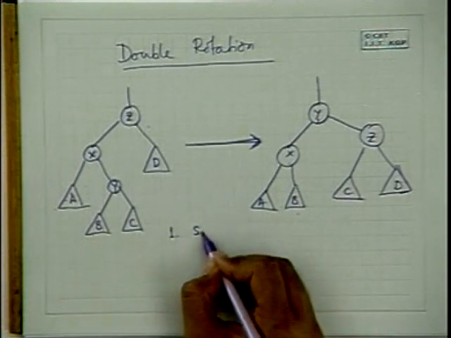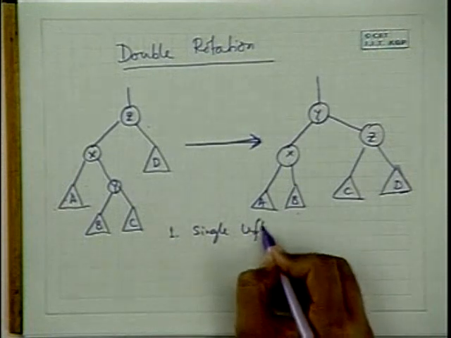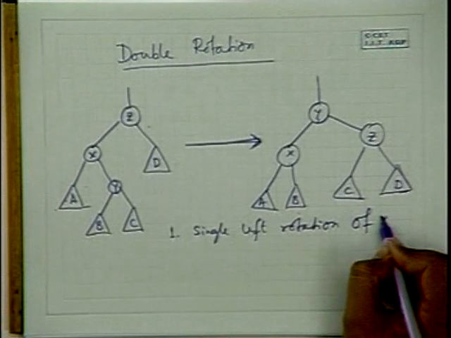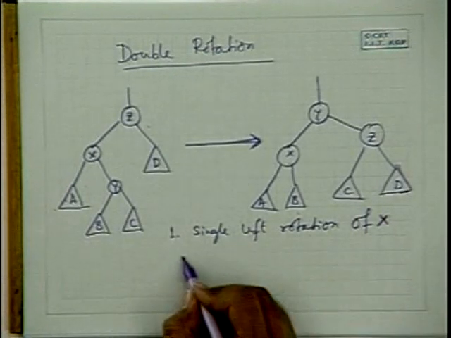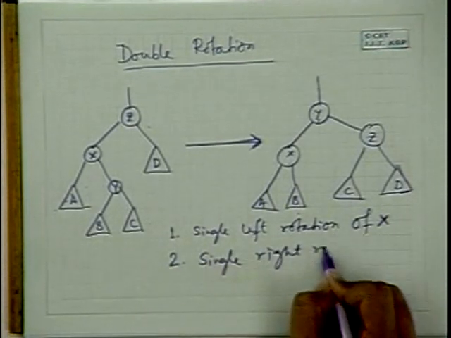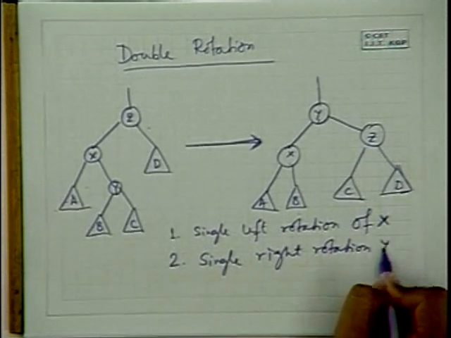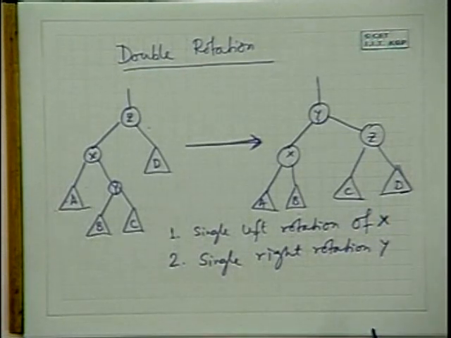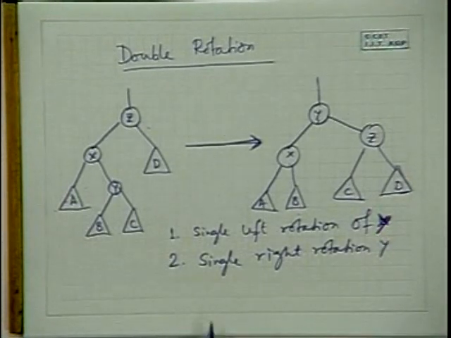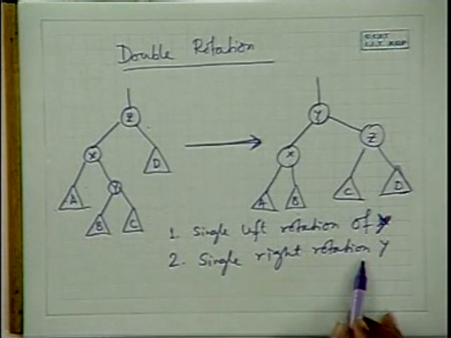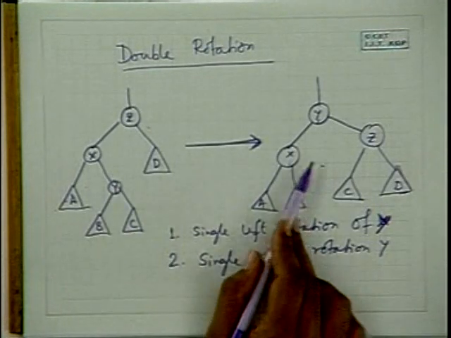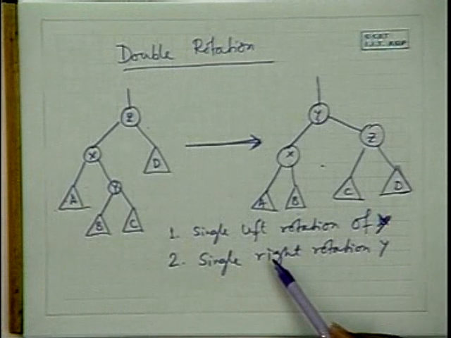First a single left rotation, then a single right rotation. That's why it is called double. There are two singles actually.